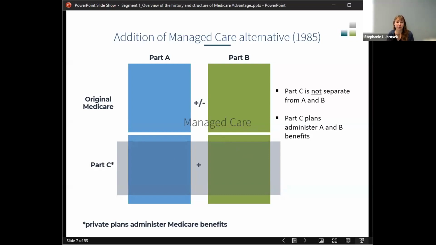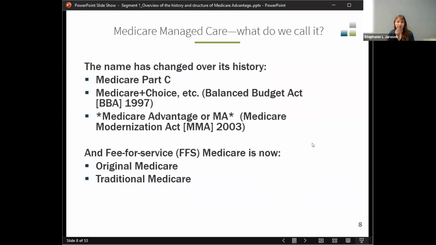If you look for everybody enrolled in Part A and Part B, you will get both people enrolled in original Medicare and in Medicare Advantage. There's a different variable altogether that will tell you how they're getting their Part A and Part B benefits. And almost all plans will provide both A and B.